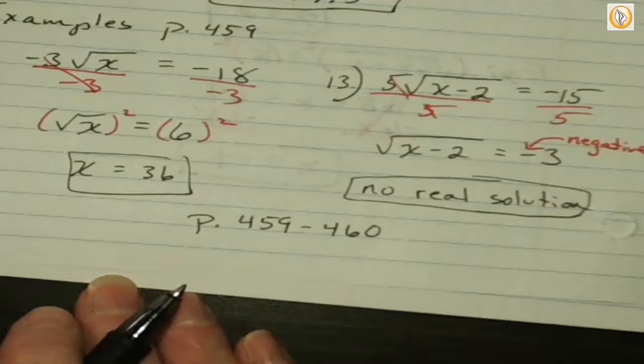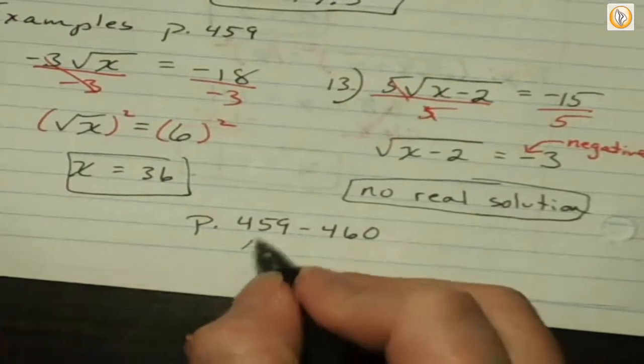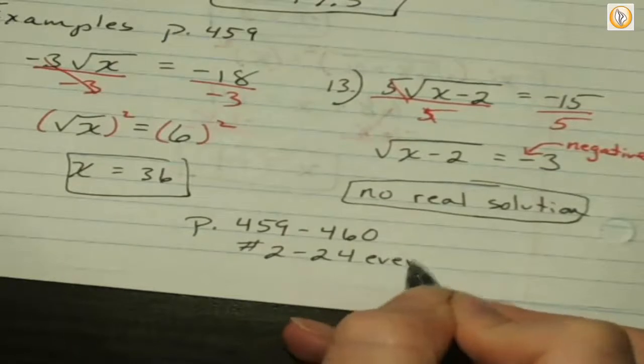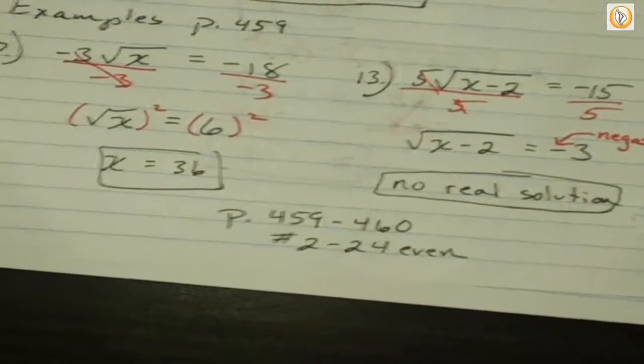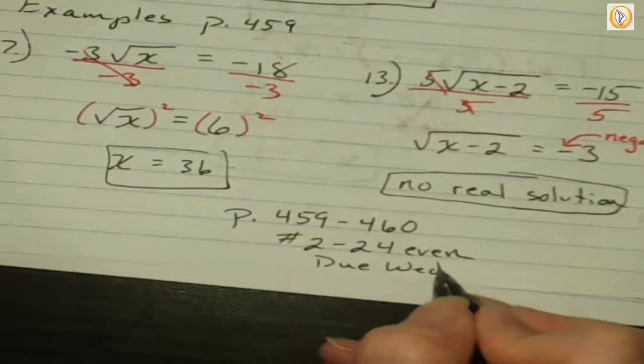No, even. 1 through 3 even. 2 through 24 even. That is 12 problems. That is due Wednesday.